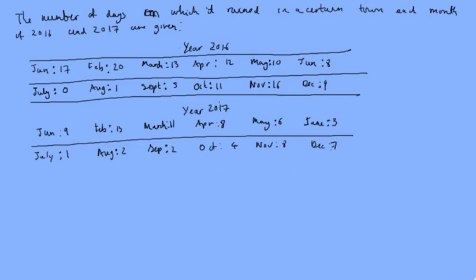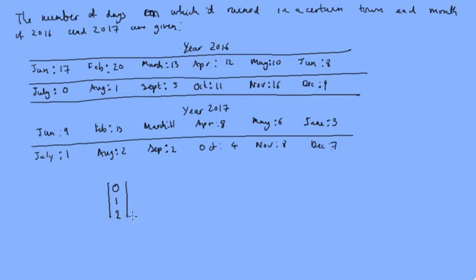So to compare the back-to-back, on one side the leaves are going to be 2016, and on the right hand side it'll be 2017. And so let's draw our stem. Because a lot of the months had single digit days of rain, we'll have a 0 here because it's 0 tens, then 1 ten, 2 tens, so it's for the 20s.